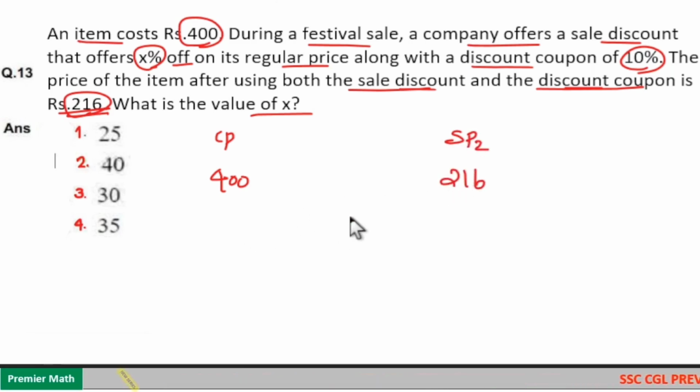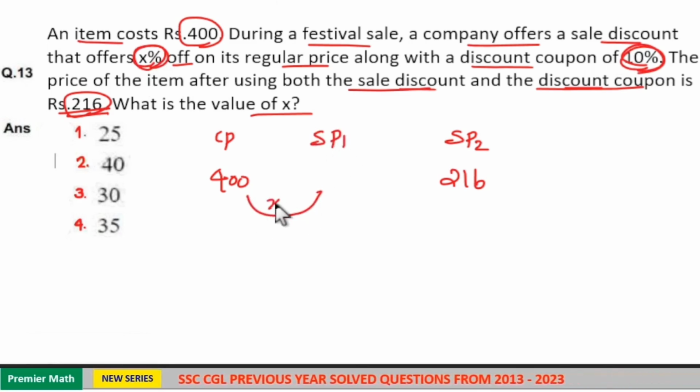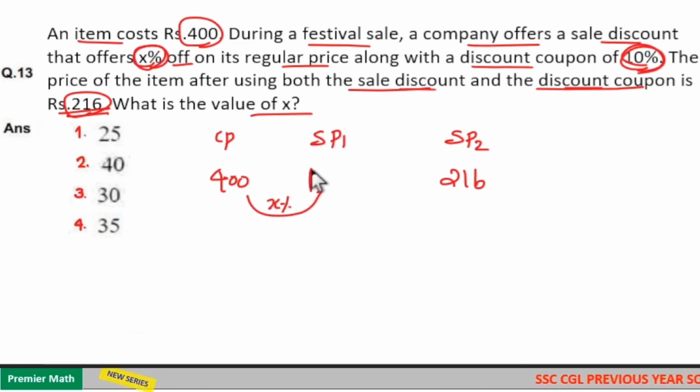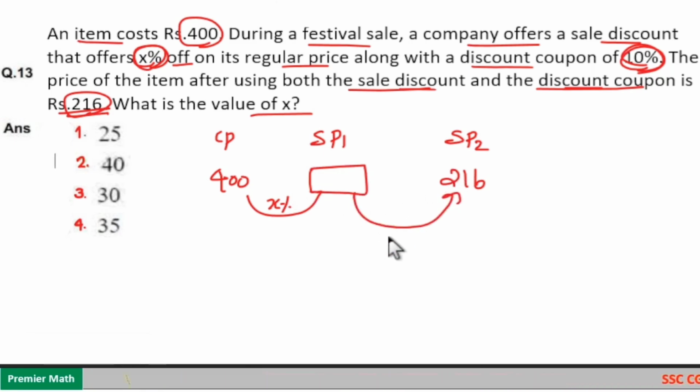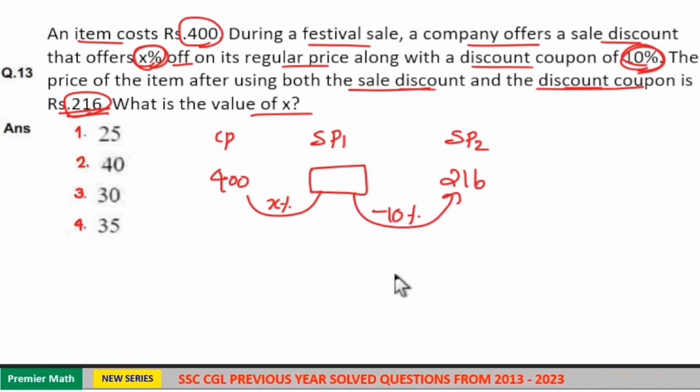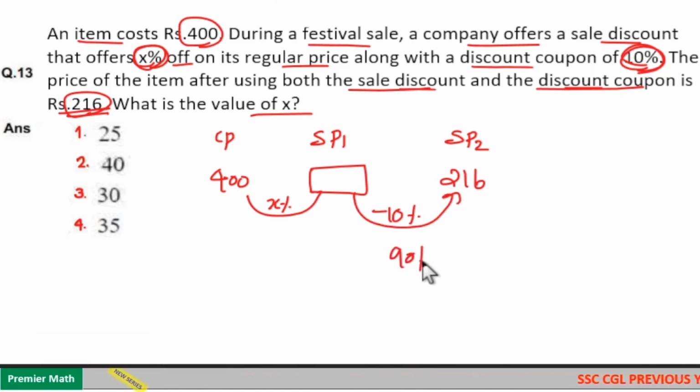Now, this 216 rupees is after X percentage and 10% discount. So, here SP1 means X percentage discount on 400 and SP2 means 10% discount on SP1. Which means here 10% discount leads to this 216 rupees, means 90% of SP1 is equal to 216.